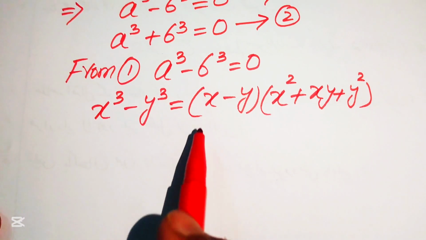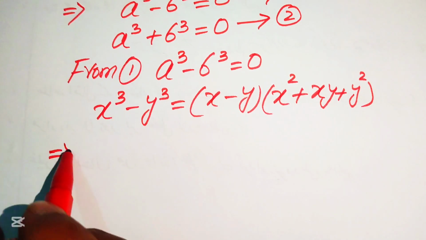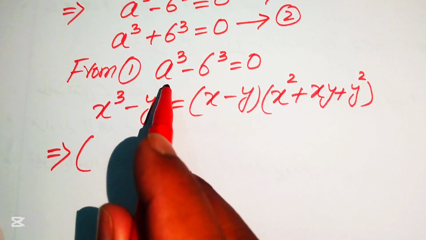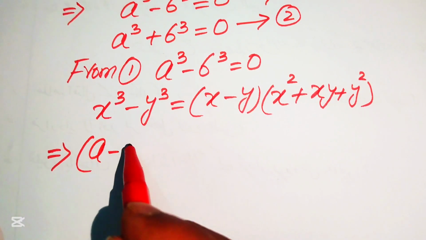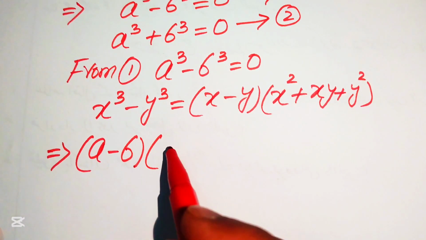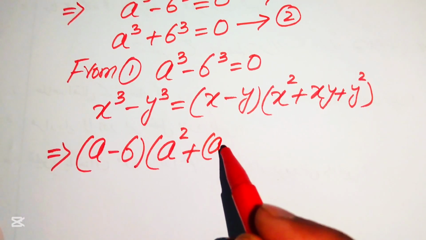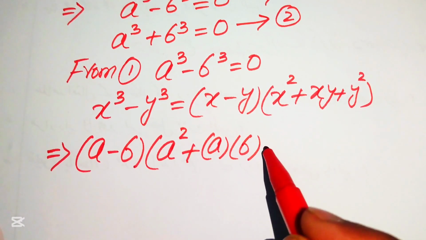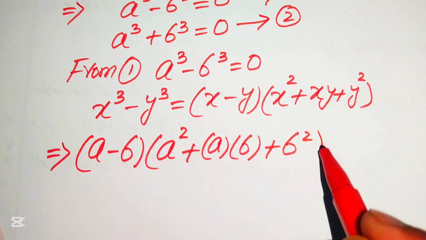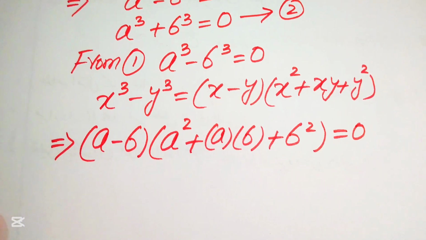So according to this cubic formula we write our above equation as a cubed minus 6 cubed, it becomes a minus 6 times a square plus a into 6 plus 6 square equals 0.